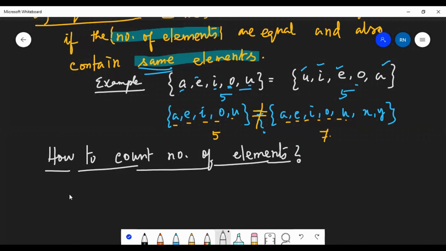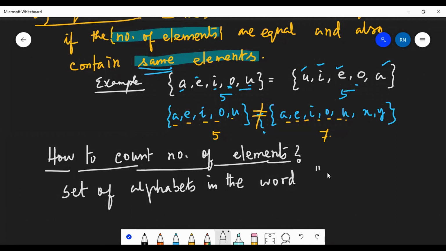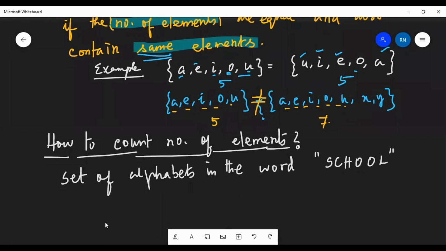It's not so. For example, now I want to write the set of alphabets, but not in English, in the word, let us say school. The word school. Now you require a different training in counting.